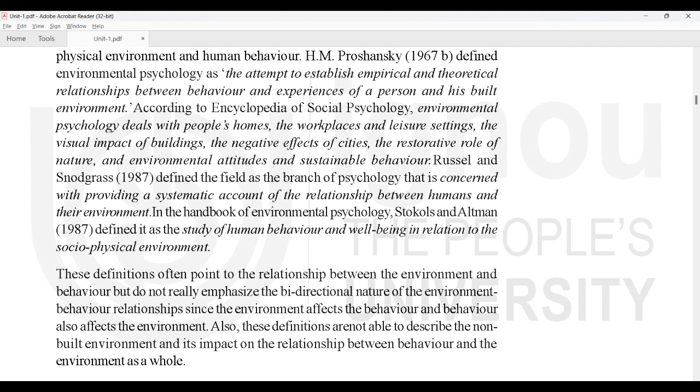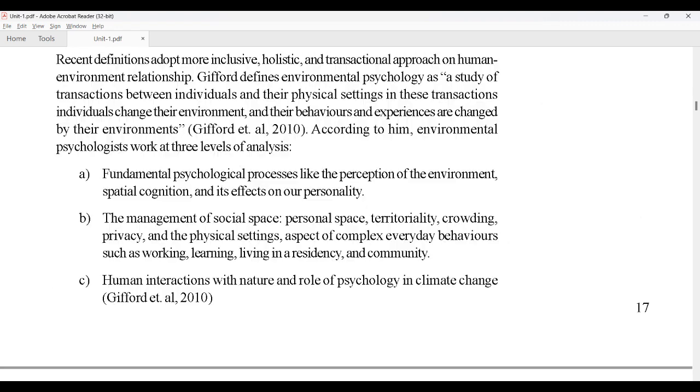Also, these definitions are able to describe the non-built environment and its impact on the relationship between behavior and the environment as a whole. Recent definitions adopt a more inclusive, holistic, and transactional approach to the human-environment relationship.